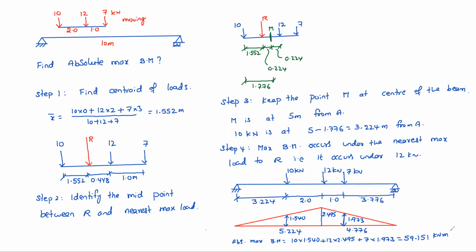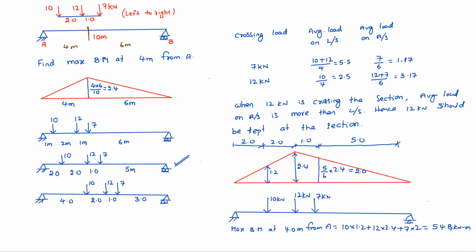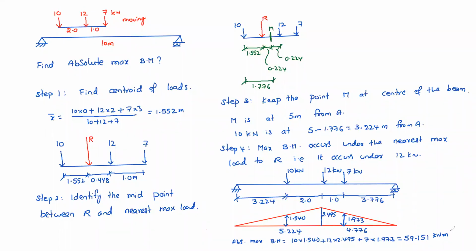You see here, in the previous case we got only 54.8 at that section. Now we got 59.151. This is the maximum bending moment you get for this system of three loads.